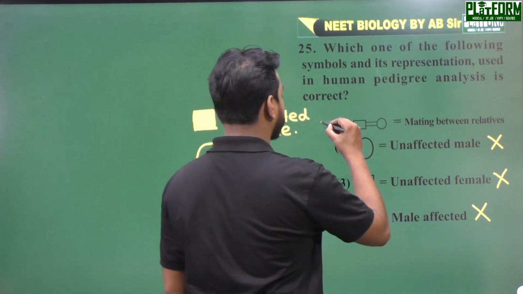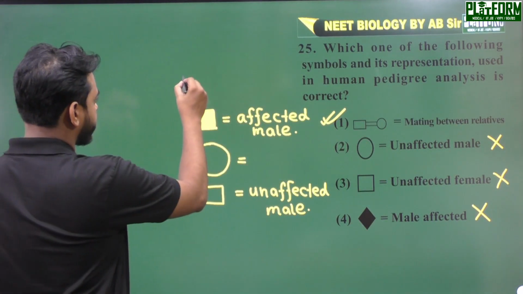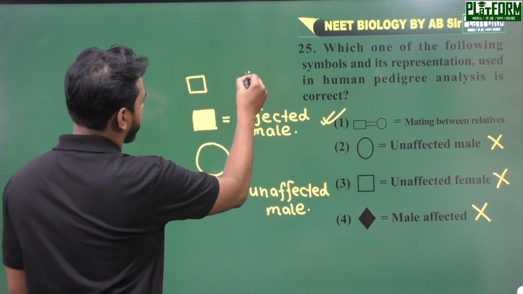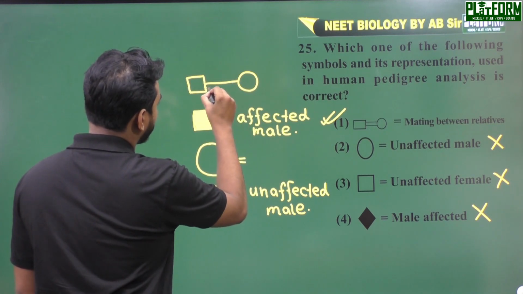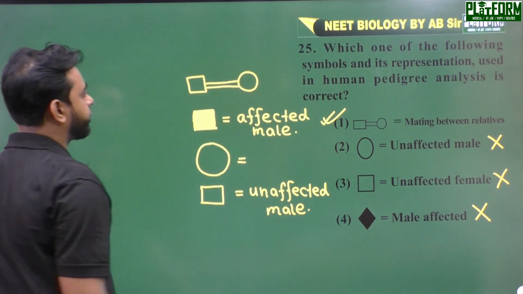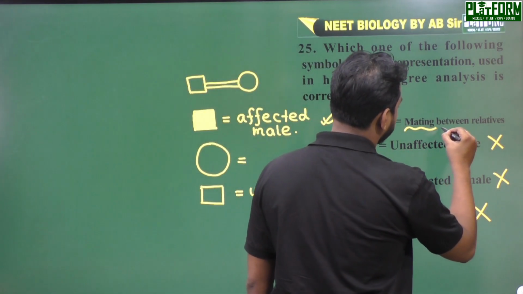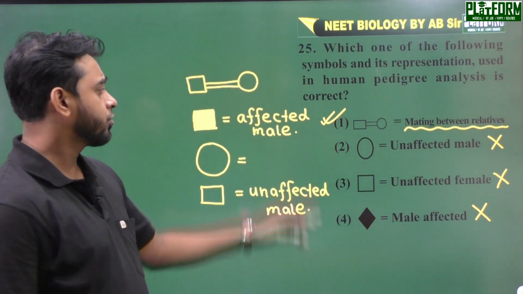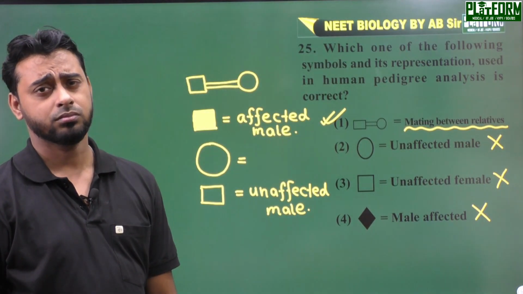So the correct answer will be this one. This one is a male, this one is a female, and the two lines in between the male and female designate mating between close relatives. Fine. So the correct answer will be option 1.